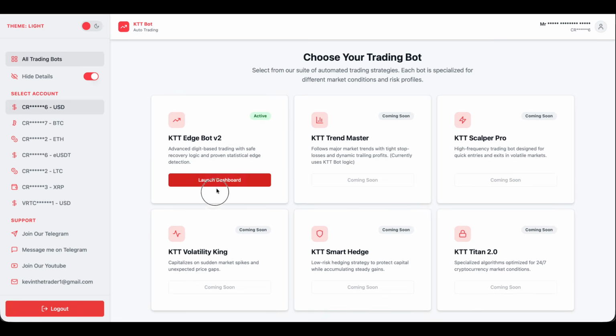Because I had already given you a sneak peek of this bot, I showed you what this is. This is the dashboard. This is the account selection here, and this is the support. You can join our Telegram through this bot here. You can go to message. You can join our YouTube.